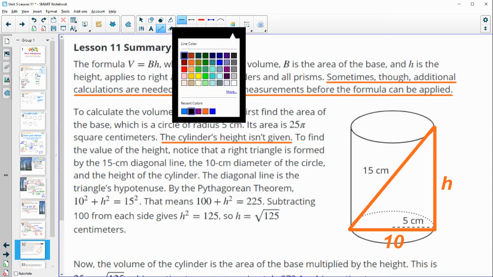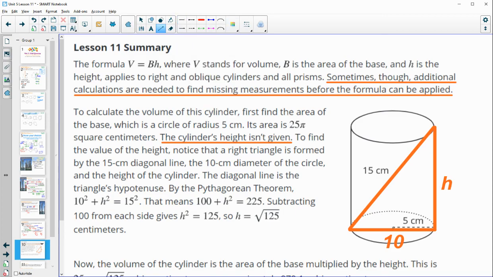They give us this radius here, but we know this hypotenuse goes across the whole base. So the whole thing would be 10, since this radius is 5 and 2 of those would be 10. We could do the Pythagorean theorem to calculate this height, which is what they did here.